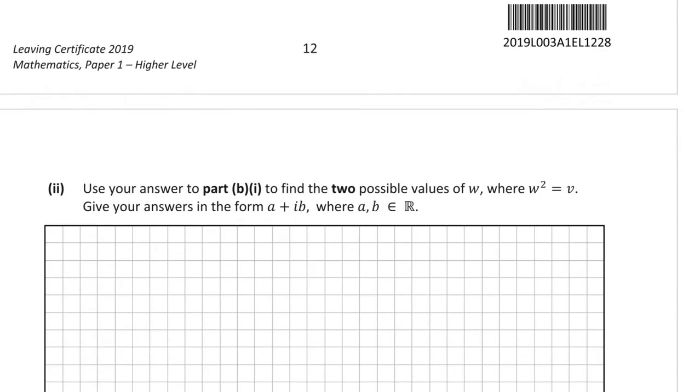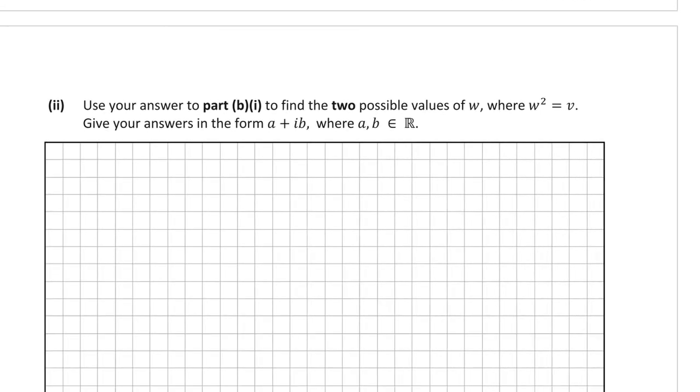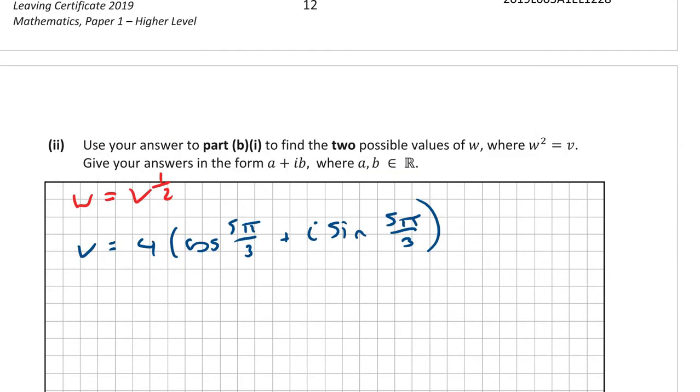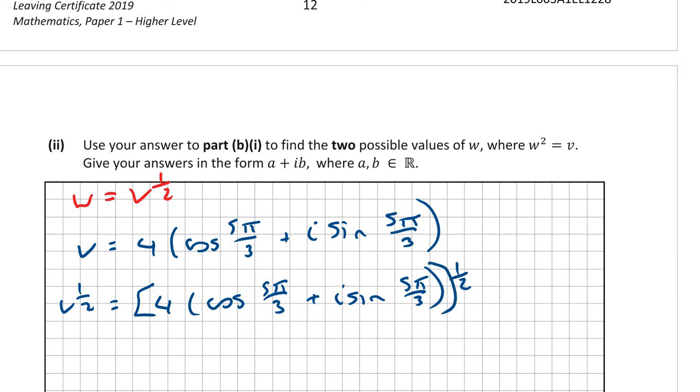Okay, next question. Use that answer to find two possible values of w where w squared is equal to v. So therefore, w is equal to v to the power of a half. So v to the power of a half is equal to the power of a half.